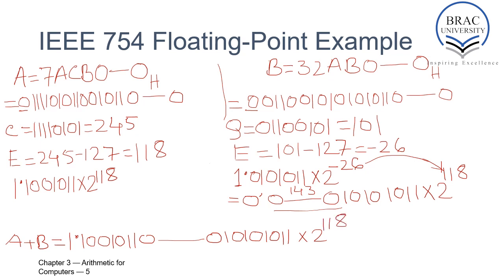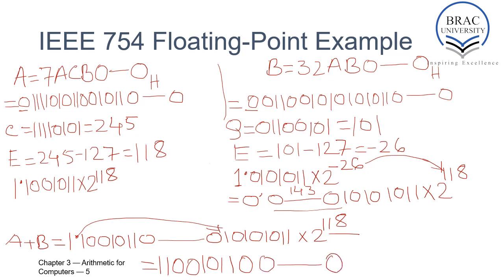Now if we perform the simplification, that means we move the decimal point to the right to adjust this exponent, and we'll get something like this: 1 1 0 0 1 0 1 1 0, and then lots of zeros, point.